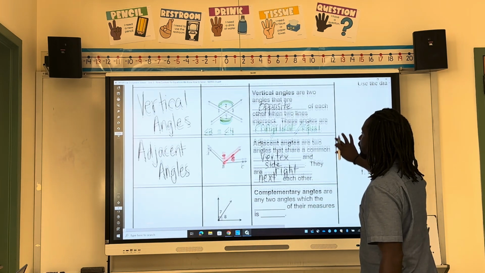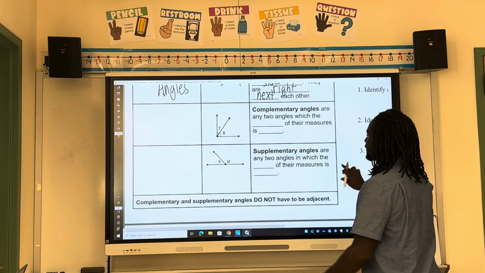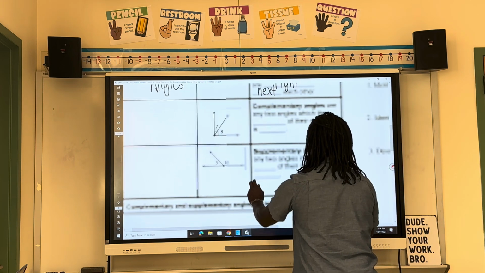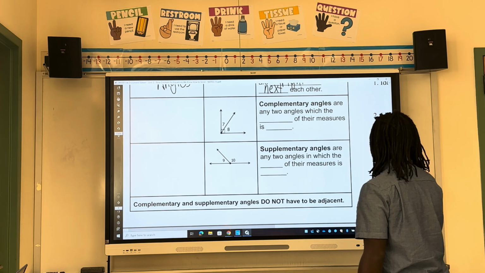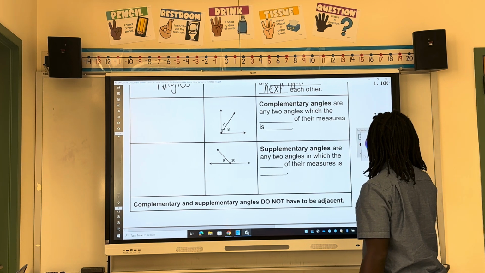Now, let's move on to the last two. The last two are complementary and supplementary angles.